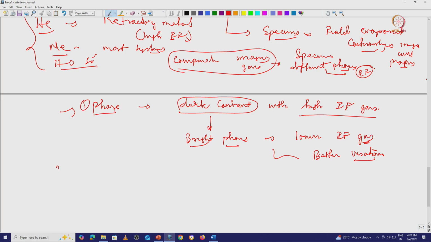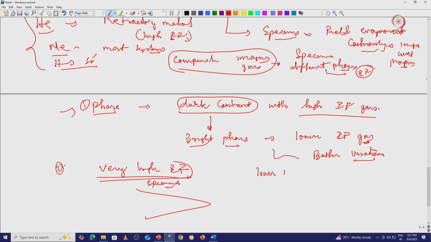The second case is, if your specimen, the tip surface, has a very high evaporation field and your gas has a relatively lower IF value, it is very difficult to observe the surface during field evaporation.